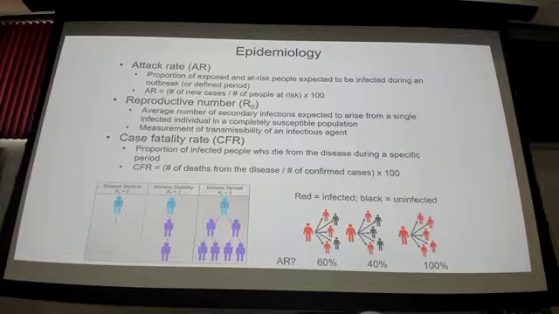This is another one of those money slides: attack rate, reproductive number, and case fatality rate. Lots of important concepts here for you guys to know. This could easily be made into an applied question as well.